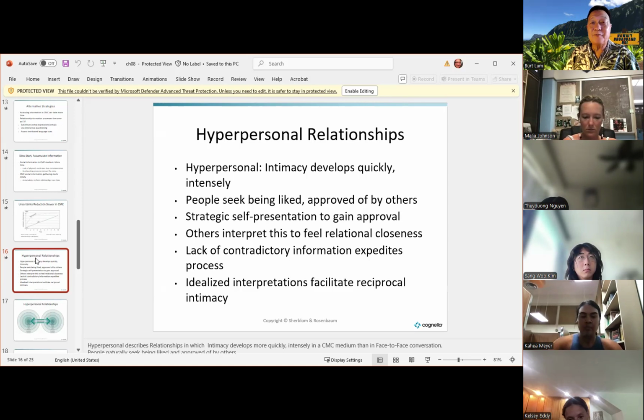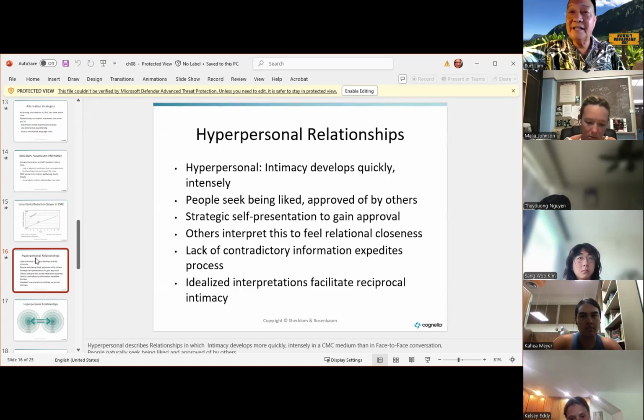Lack of contradictory information expedites process. So presenting yourself in one light will give people a certain indication, and they will make some determinations of that relationship.